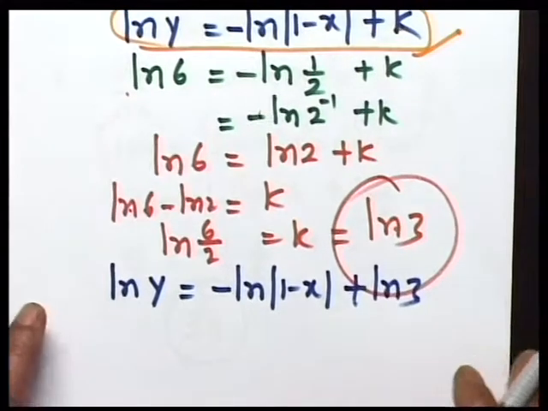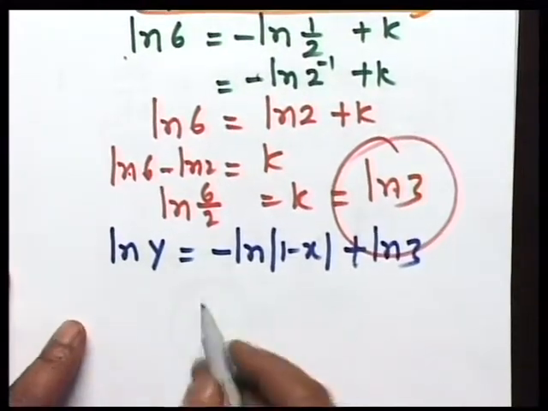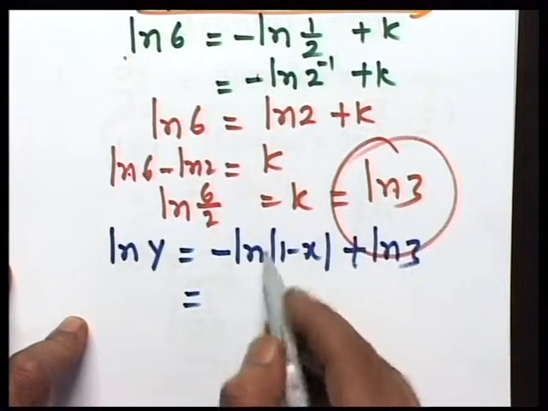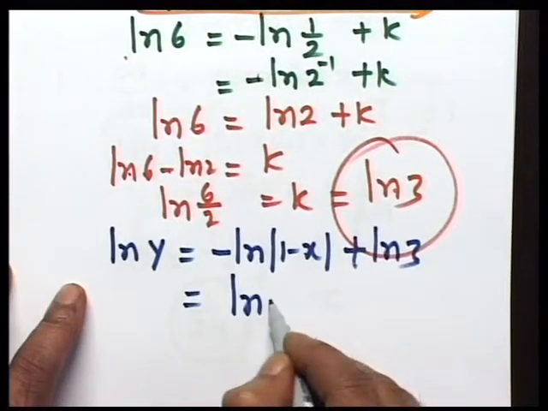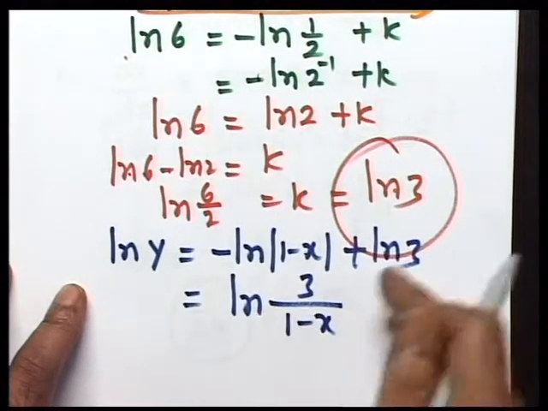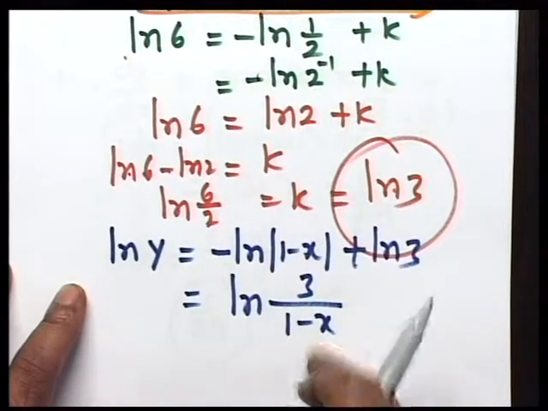Simplifications can be done. This is actually log a minus log b, so it's log a divided by b: ln, nice bracket there, 3 on top, 1 minus x at the bottom.